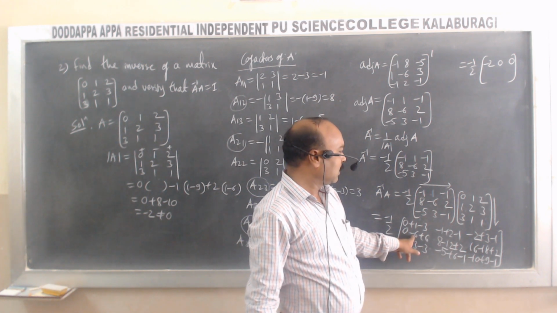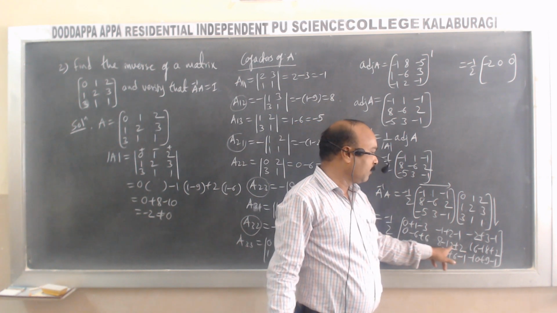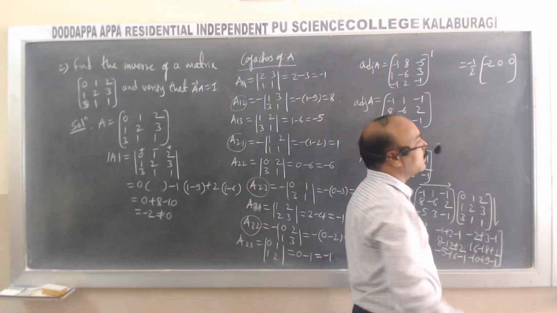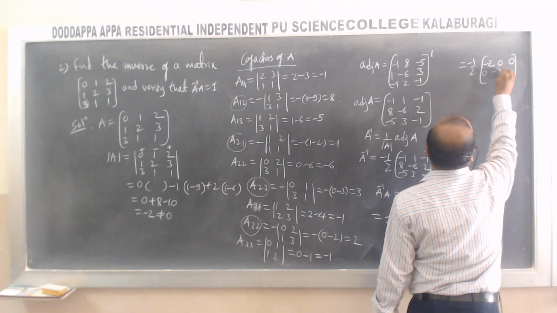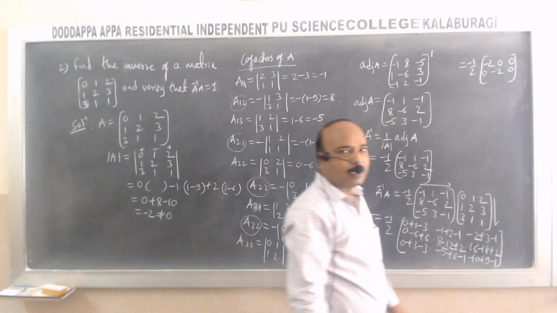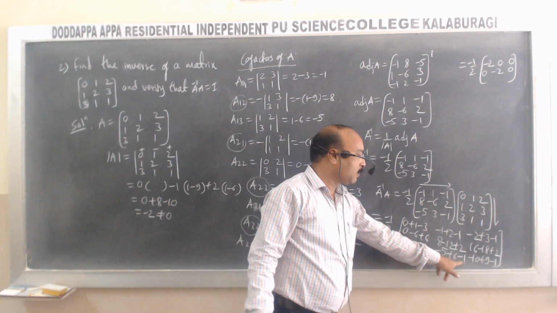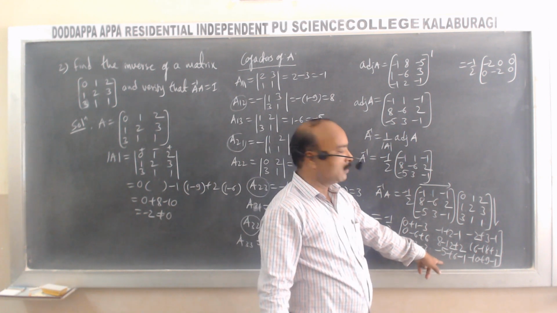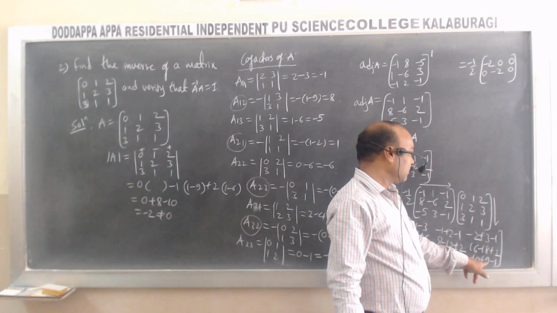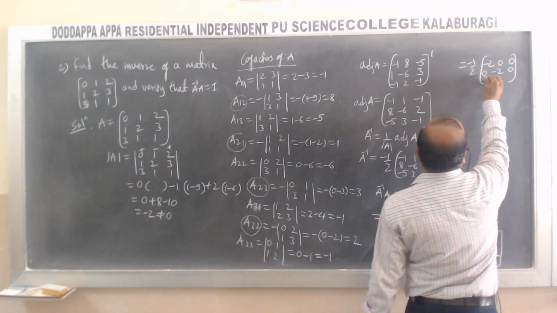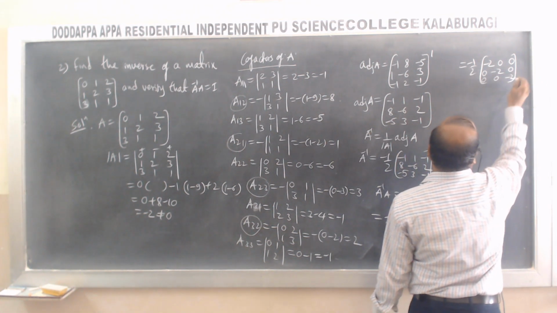Second row, it is 0, it is 10 minus 12 is minus 2, it is minus 18 plus 18 is 0. Therefore we get 0 minus 2 0. Third row, it is 3 minus 3 is 0, minus 5 minus 1 minus 6 plus 6 is 0, minus 10 minus 1 minus 11 plus 9 is minus 2. Therefore we get 0 0 minus 2.